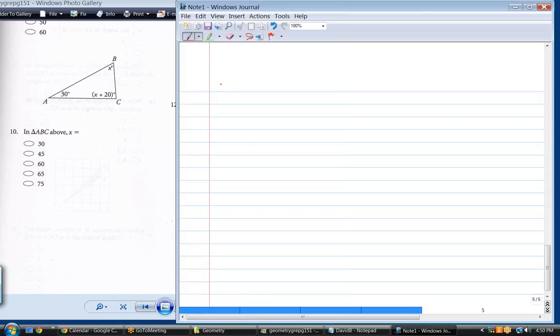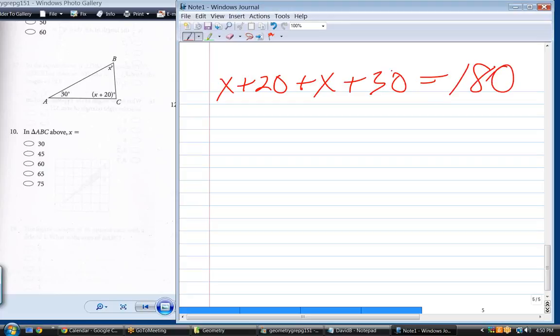Well, it would be x plus 20 plus x plus 30 equals 180. All right. I like doing it that way rather than trying to take a shortcut and subtract that 30 off right away. Yeah. So then you would get 2x plus 50 equals 180. Okay, now I can do that.